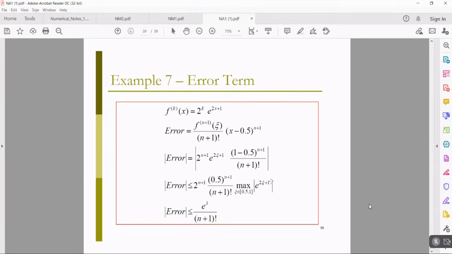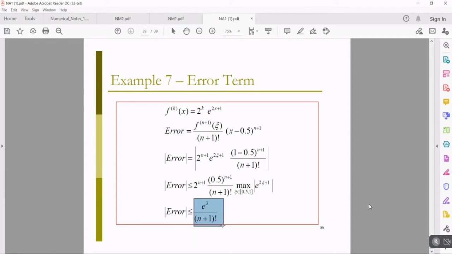So we have e^(2xi+1) maximum, because we know that xi lies between 0.5 and 1. If we replace xi by 1, we get the maximum value of e^(2xi+1), and this is the maximum error.